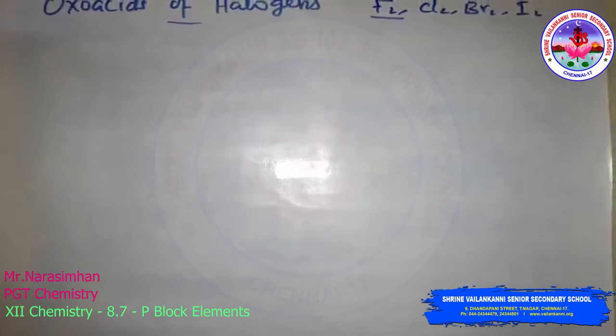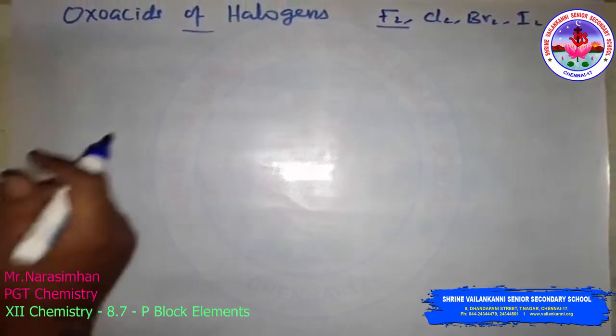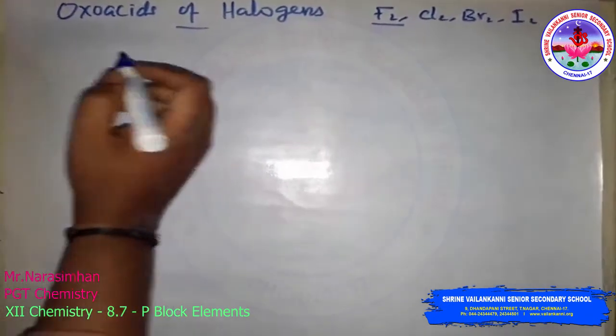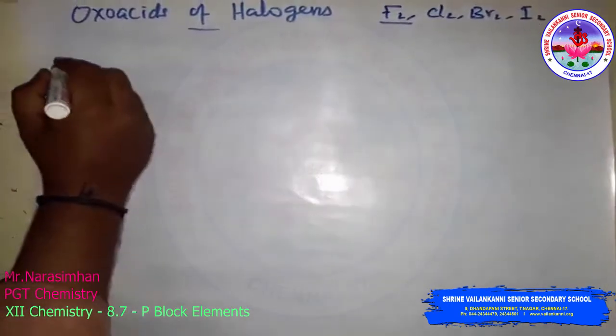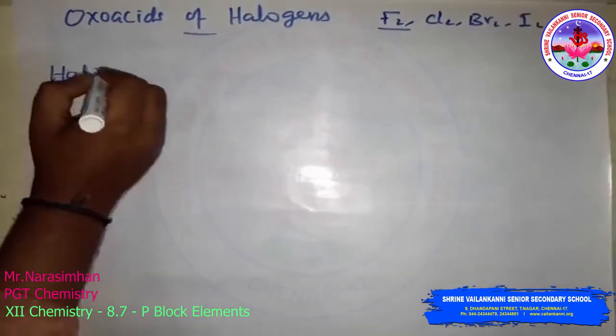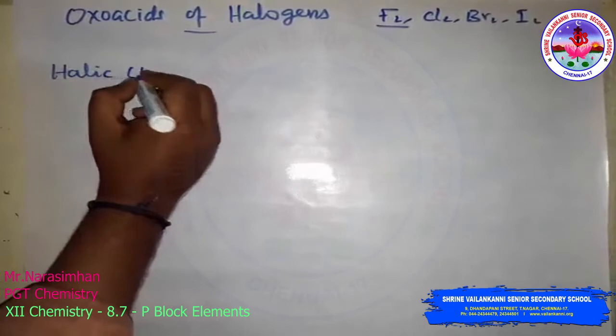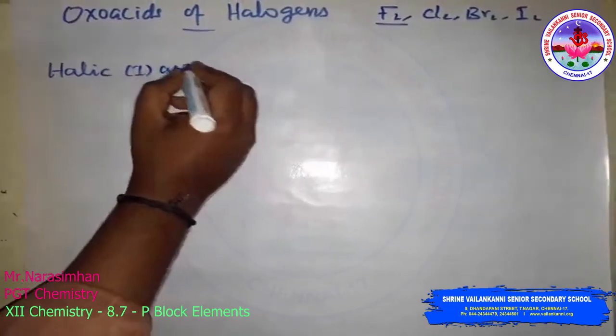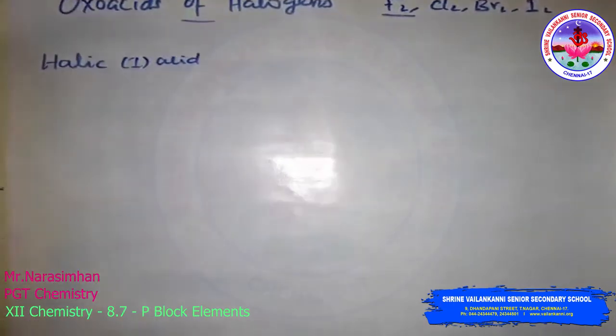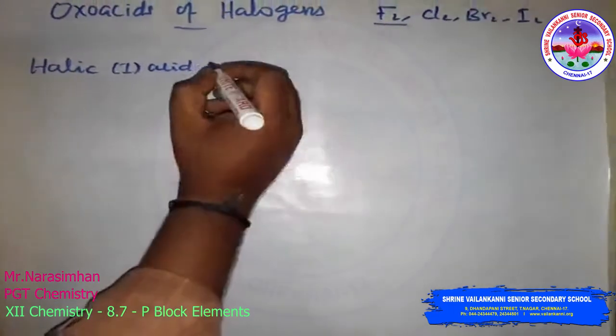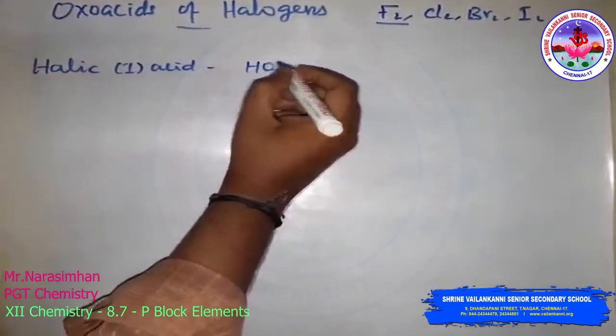So the oxoacids of halogens we can see here. There is halic 1 acid first. The halic 1 acid means the form first HOF.